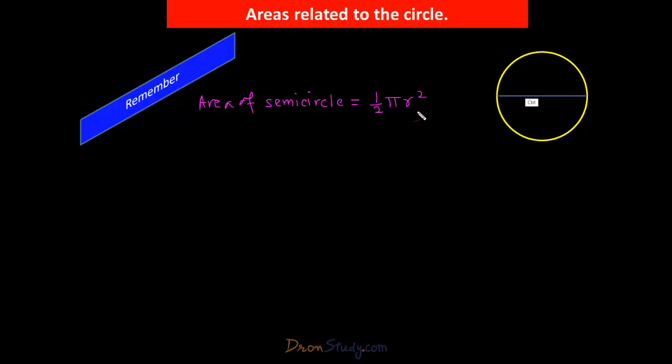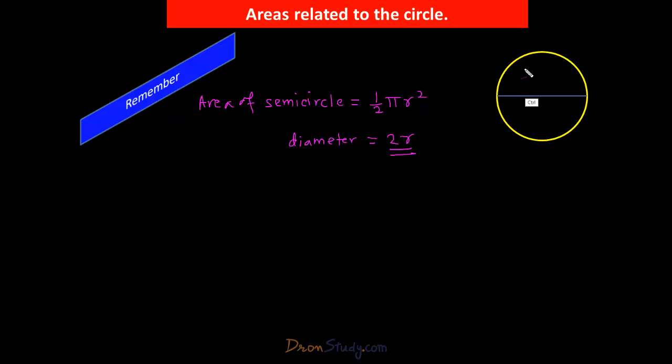So total area of the circle is given by pi r square, and that of the area of semicircle is given by 1/2 pi r square, where the diameter is nothing but twice of the radius. So diameter is equal to 2r.